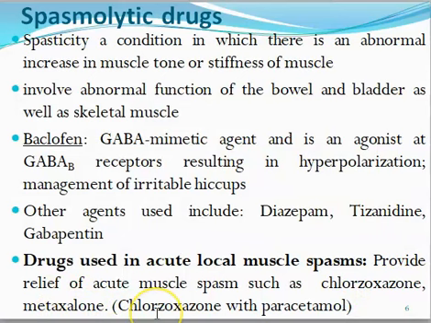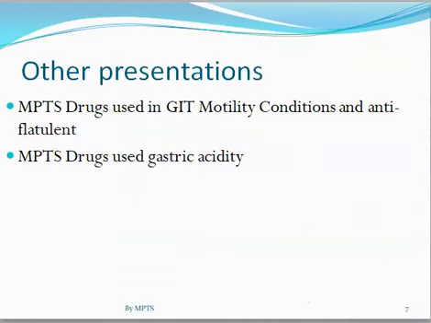In the pharmacy there is a combination of chlorzoxazone with paracetamol. I'm sure you're aware of this one. It is there. It is a good drug. Now remember, this has been a short presentation on spasmolytic agents.